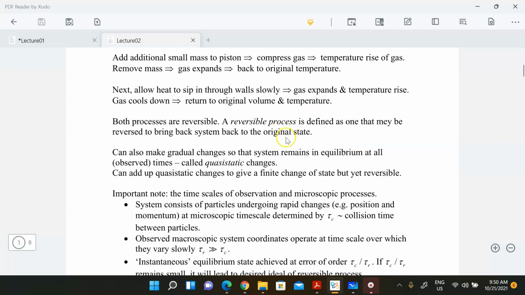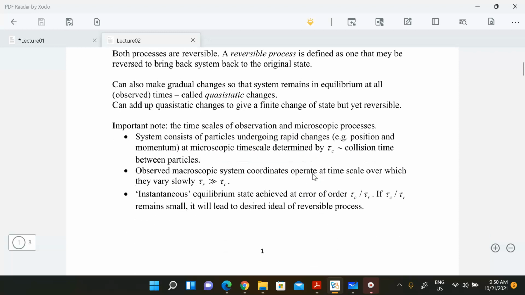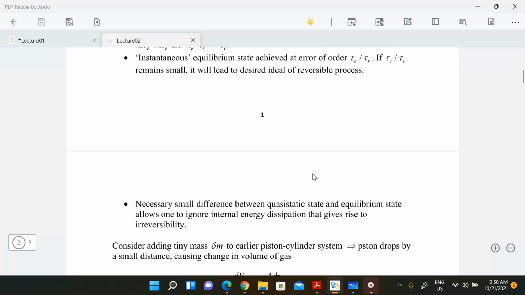So we have the reversible process, and then we have the gradual changes, as if the system remains in equilibrium at each point when we observe. This is what we call quasi-static changes. The difference between the quasi-static state and the equilibrium state is that you can ignore certain things happening.